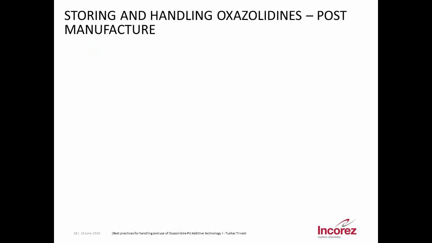Now, how to store or handle oxazolidine post manufacture. So now you have used oxazolidine in the production. What are the steps to make sure that the product doesn't degrade, or that when you use it next time it's still okay to use? Because oxazolidines are also moisture sensitive, as you have seen previously from the reaction, it reacts with moisture.